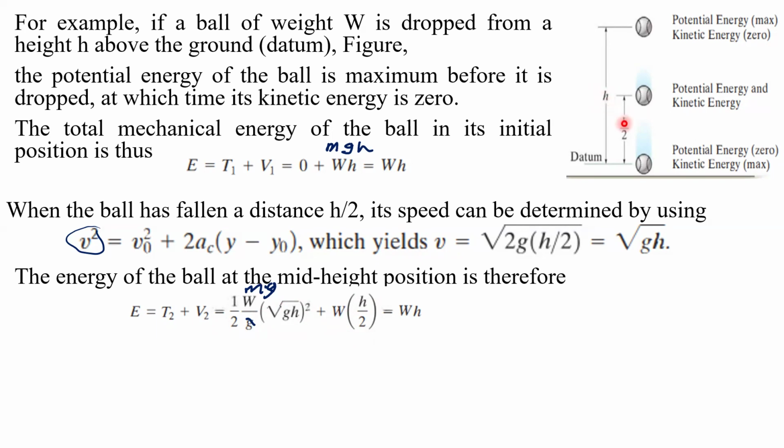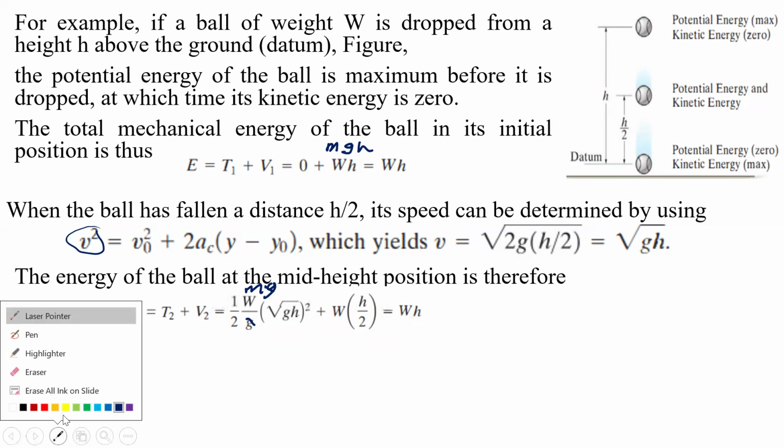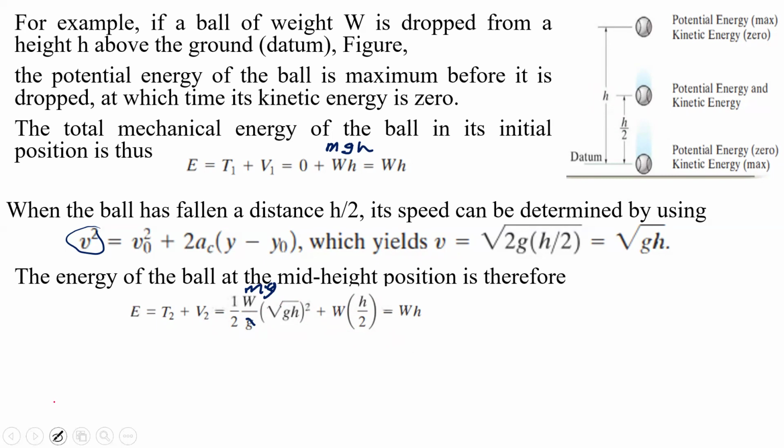So this is still Wh, and it is the same as our first expression. This is the energy at the middle point. At the beginning, this is the energy. At the midpoint, this is the energy.